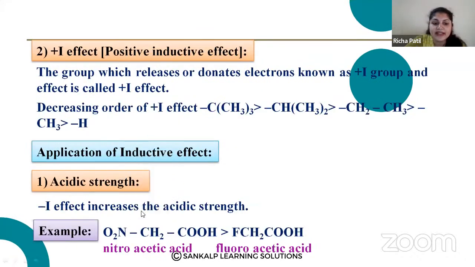So minus I effect increases the acidic strength. Nitroacetic acid shows more acidic strength than fluoroacetic acid because of the presence of this particular electron withdrawing group.